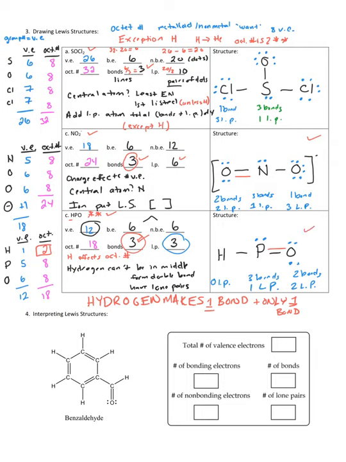Now the other thing I'd like you to be able to do is interpret a Lewis structure, and you could do the same method that we did at the top. Do the math. You could add up all the carbons, hydrogen, and oxygen in this structure and figure out how many valence electrons they have. But I would rather you work backwards. So again, number of bonds is simply the number of lines.